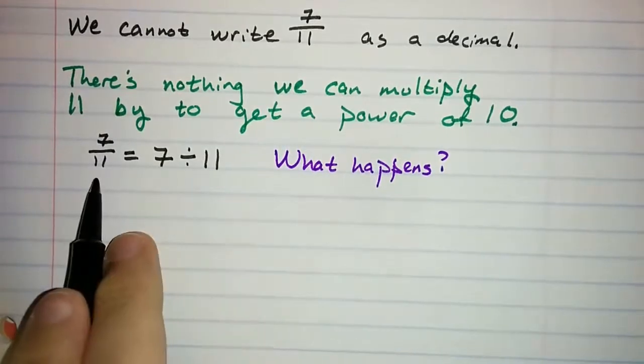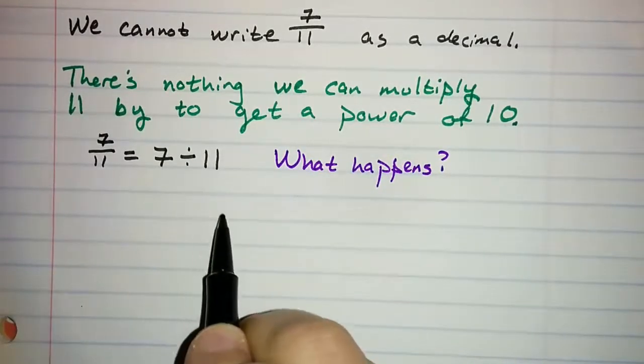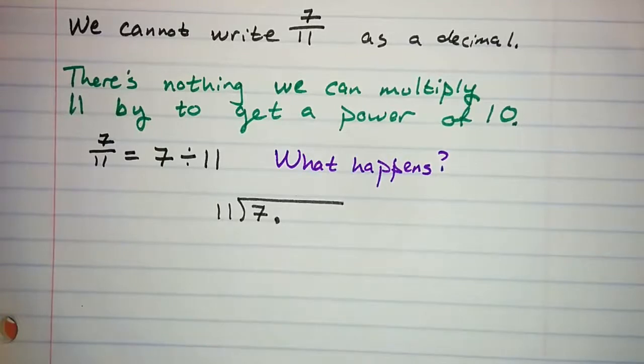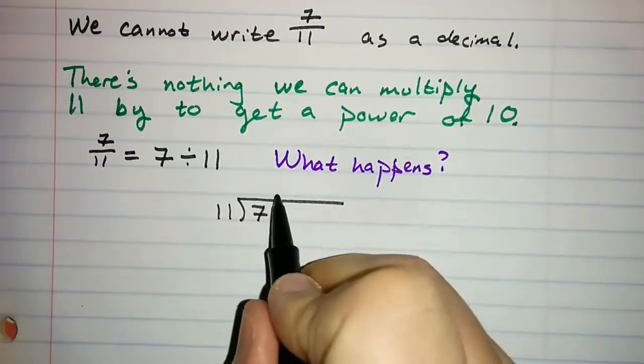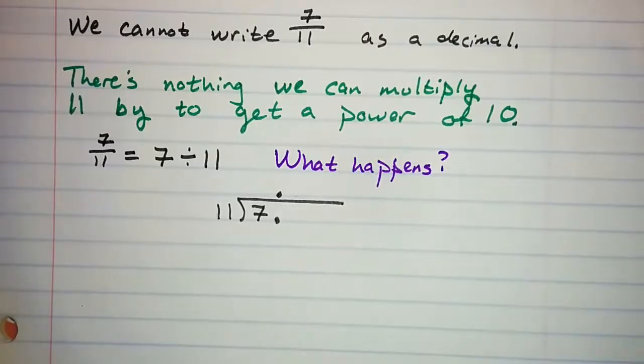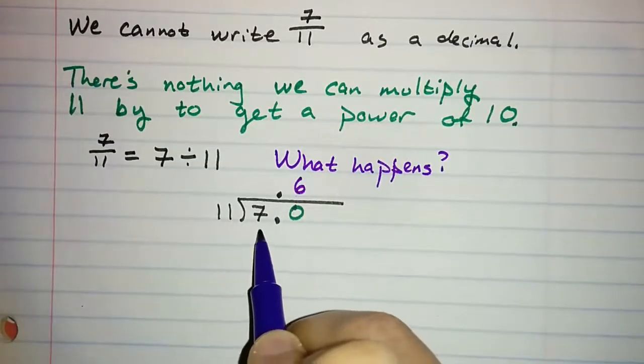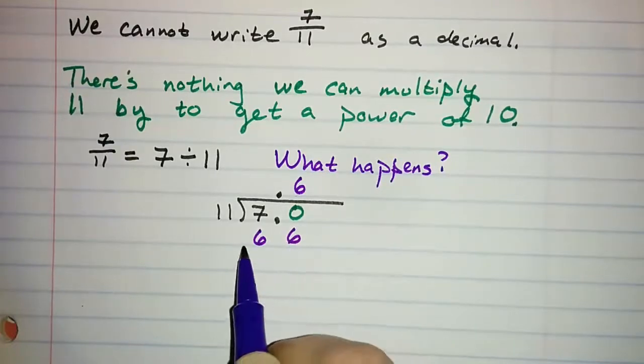So 11 is going to be the divisor. 7 point is going to be the dividend. We'll have a decimal point in our answer. 11 goes into 7 not at all. So we add a 0 to the right of the decimal point. 11 goes into 70 6 times. 6 times 11 is 66.